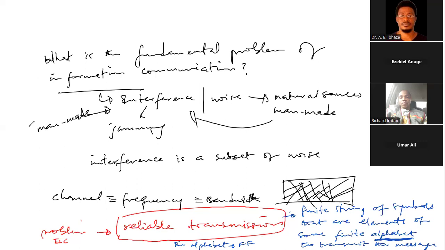So now, if that makes sense, I have another question for us. We've been able to address one major milestone: for reliable transmission, we need finite fields.